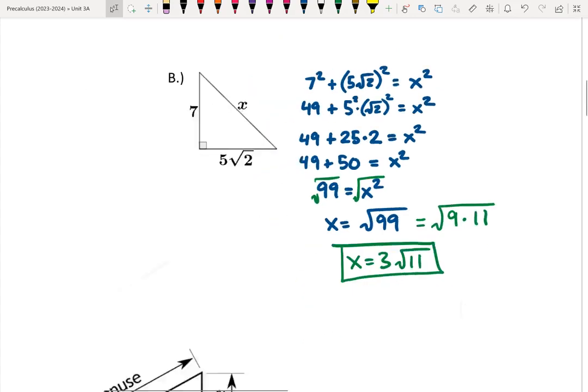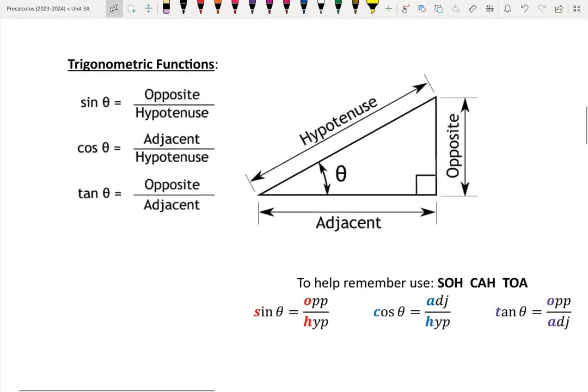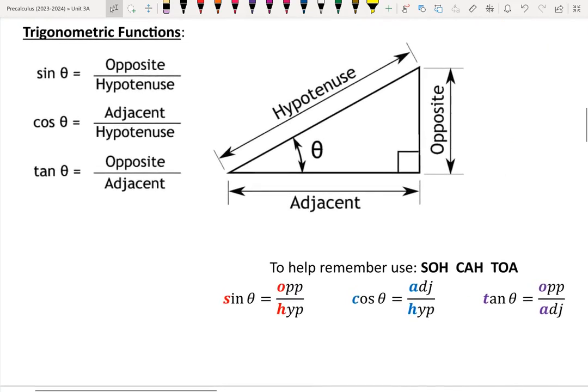All right, next thing that we want to review from previous courses is our right triangle trig ratios here. Sine, cosine, and tangent. Now these are trig ratios that we have seen and used before. How many of you recognize this mnemonic, SOHCAHTOA?